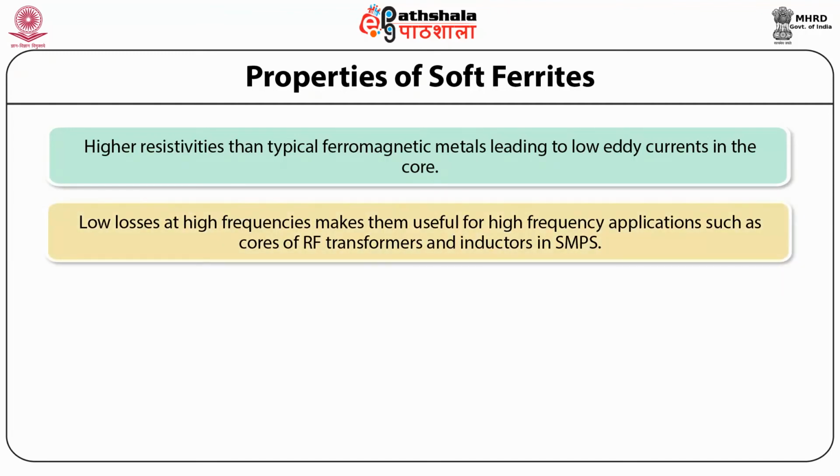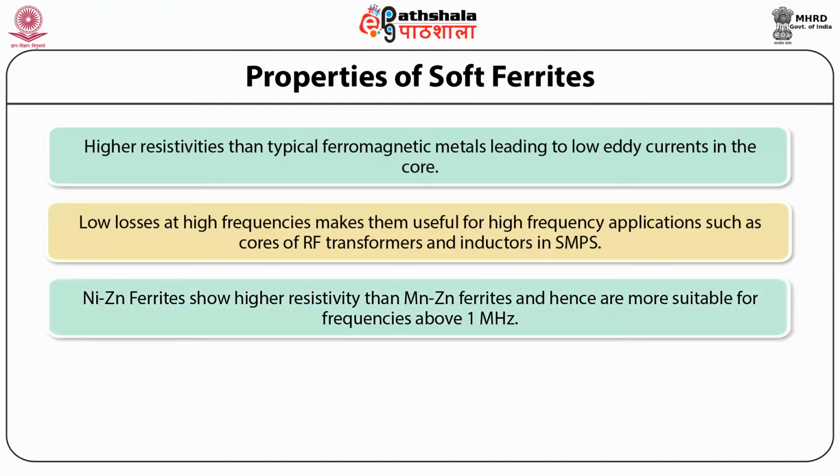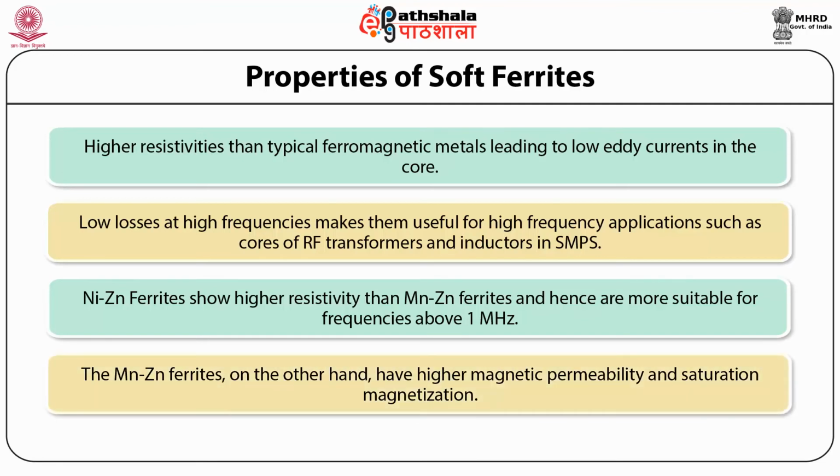The low losses at higher frequencies make them useful for high frequency applications such as cores of RF transformers and inductors in SMPS. Nickel zinc ferrites show higher resistivity than magnesium zinc ferrites and hence are more stable for frequencies above 1 MHz. The magnesium zinc ferrites, on the other hand, have higher magnetic permeability and saturation magnetization.